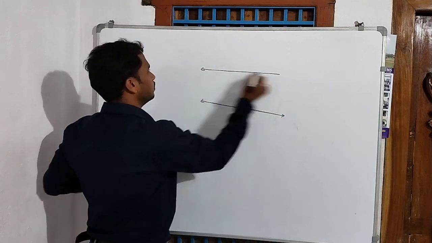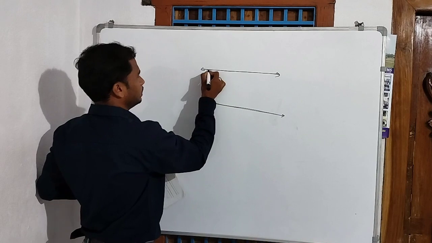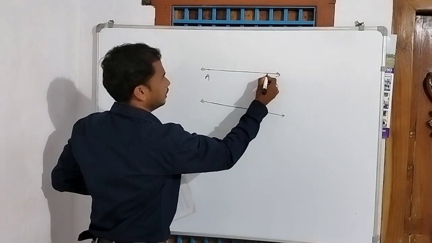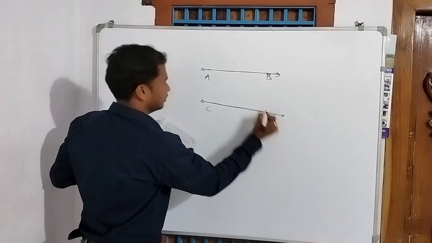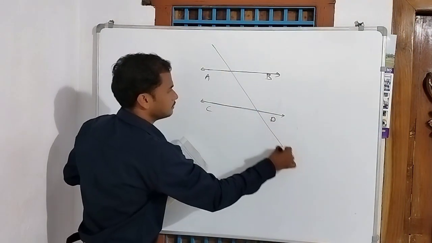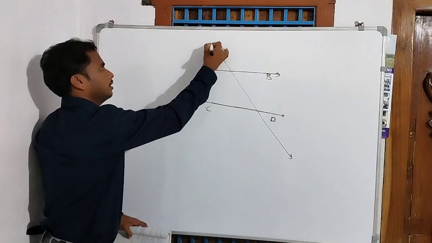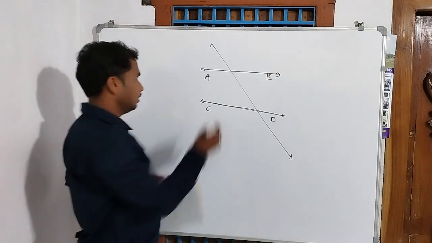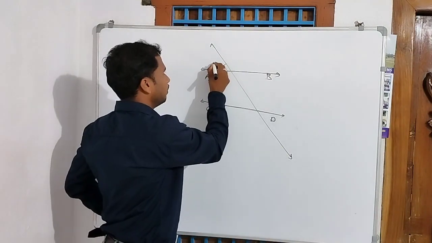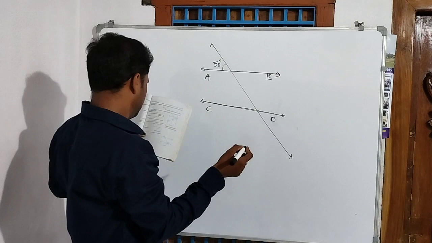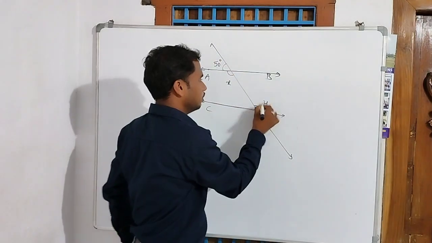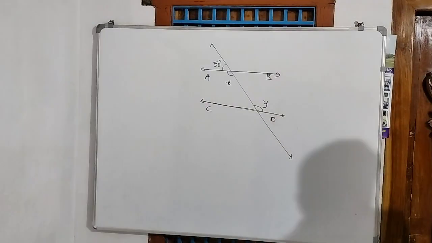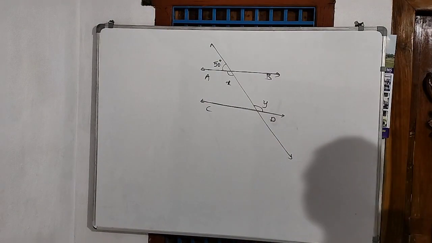This line is named AB, this line CD, and this is a transversal line. For example, this angle is 50 degrees, and this is X, this is Y. Then what is the value of X and Y?